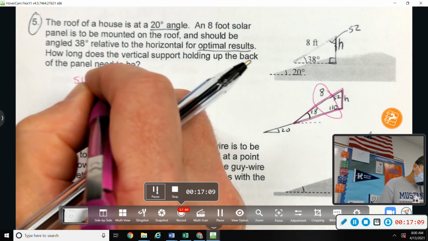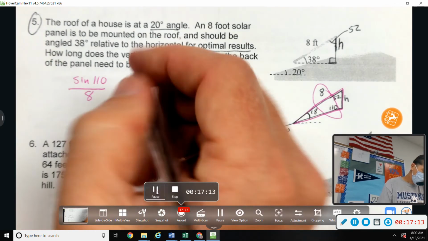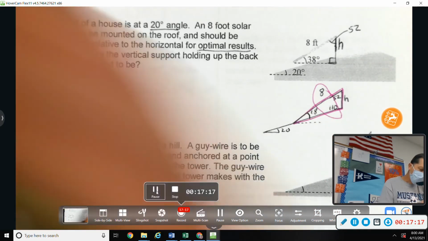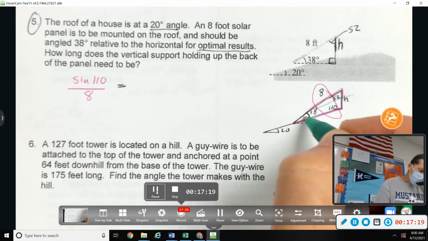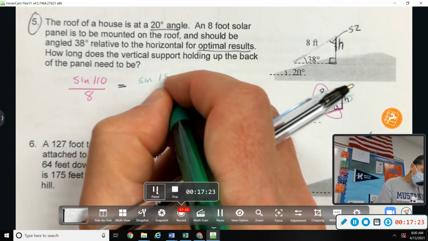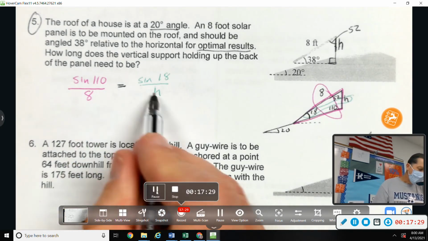So sine of 110 degrees over 8 equals, let's see, I want to use the h. I want to find h. So sine of 18 for h. That's enough to show.